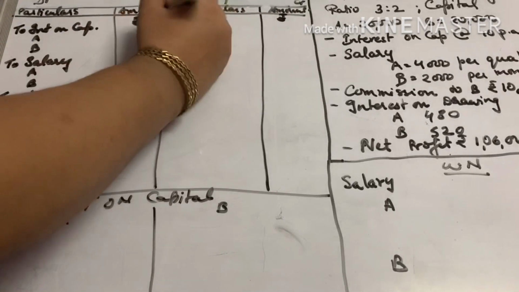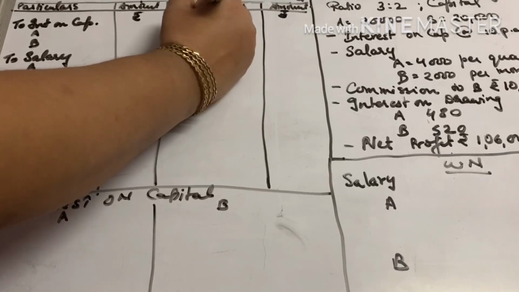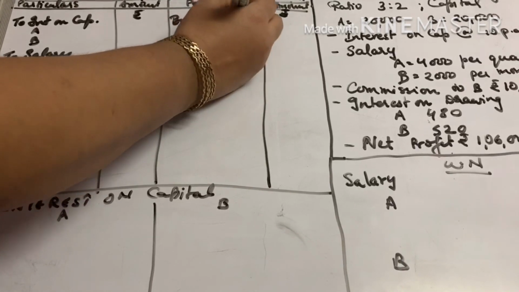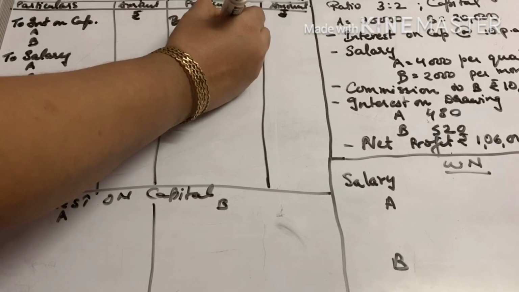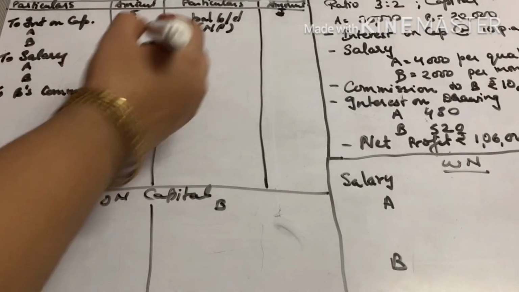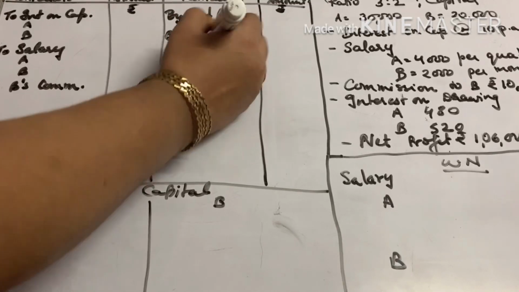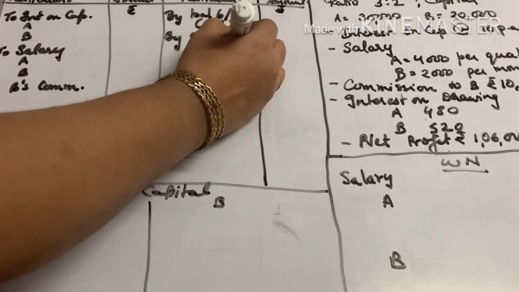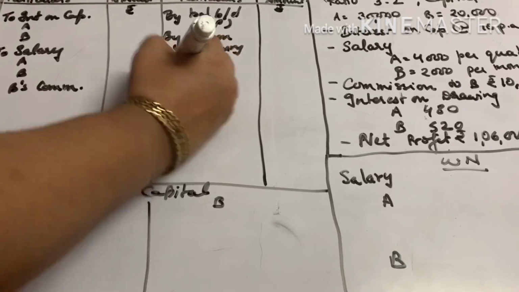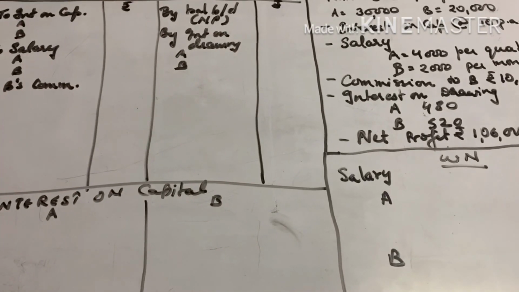On the credit side, the first thing we write is balance brought down, meaning the net profit from the profit and loss account, and then interest on drawings for both A and B. Now, simple, we have to fill in the amounts.